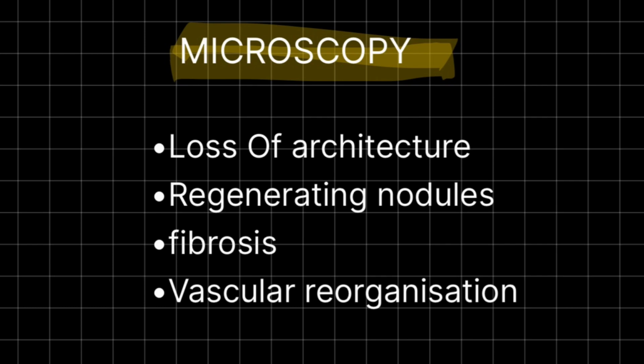This later becomes broad bands. Talking about the vascular reorganization, due to this fibrosis and parenchymal damage, the vascular architecture of the liver is lost. As a result, new vessel channels will be formed. That is vascular reorganization.